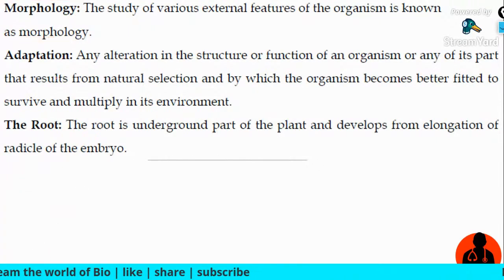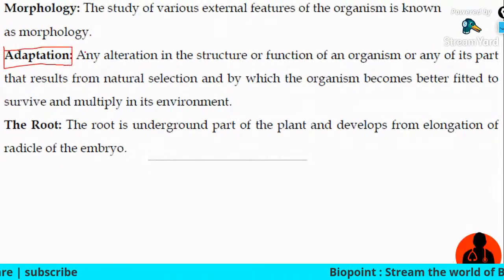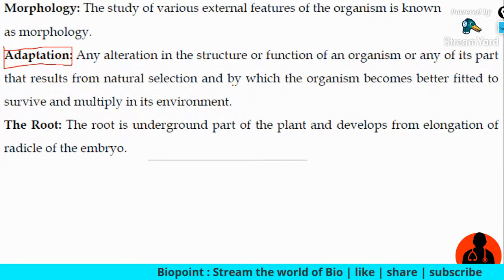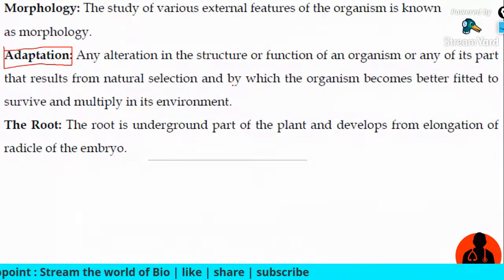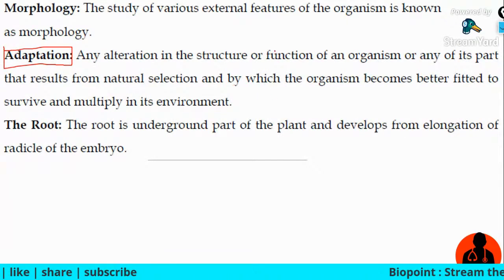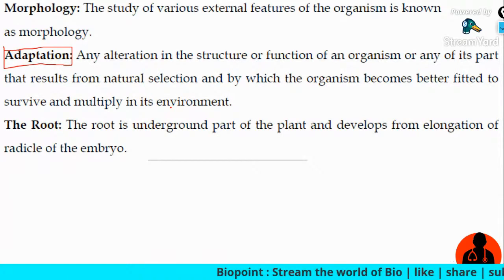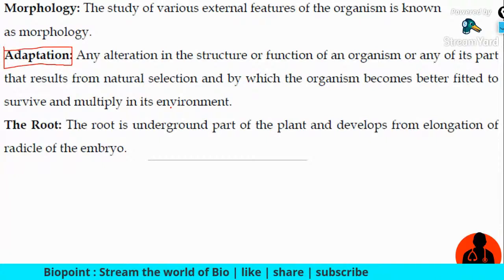Clear? So, adaptation is the second term which we have to know before we enter the chapter. It is any alteration in the structure or function of an organism or a part that results from natural selection, and by which the organisms become better fitted to survive and multiply in its environment. What is actually adaptation?